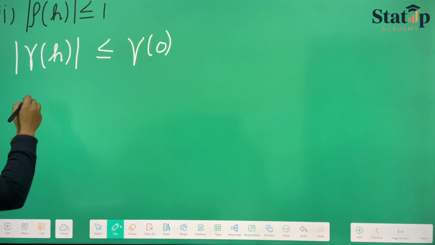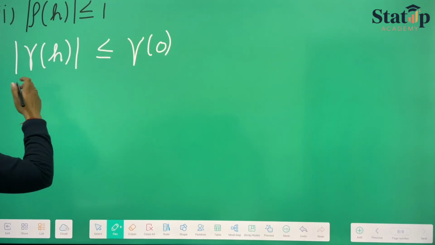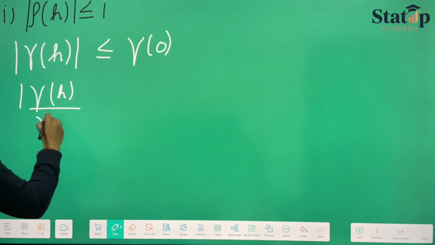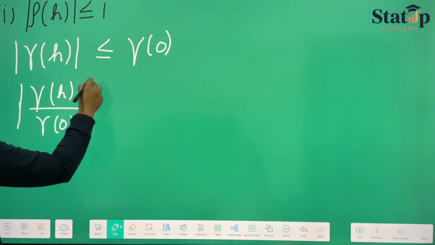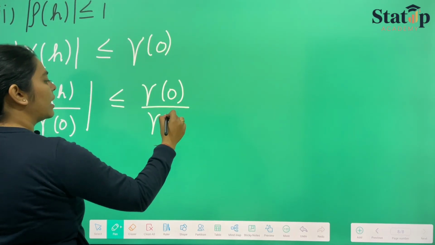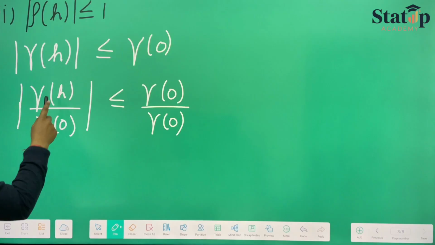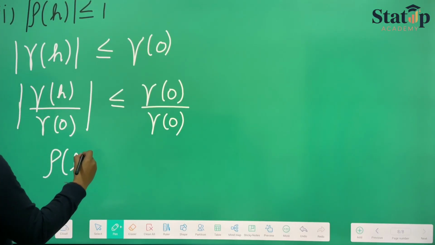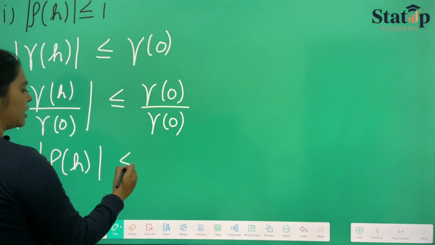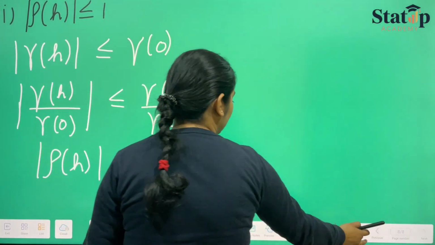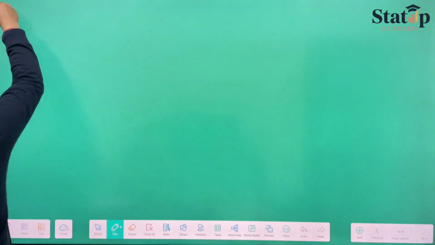So by dividing both the sides by lag 0, lag h upon lag 0, lag 0 upon lag 0. So this would be nothing but autocorrelation with lag h modulus less than equal to 1. Hence proved the above.